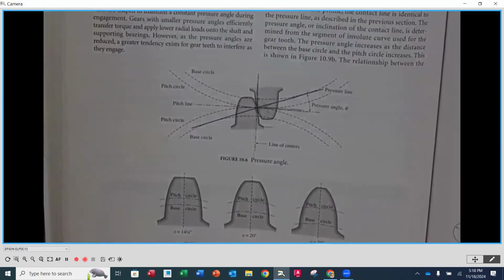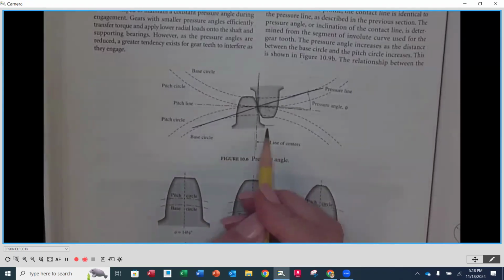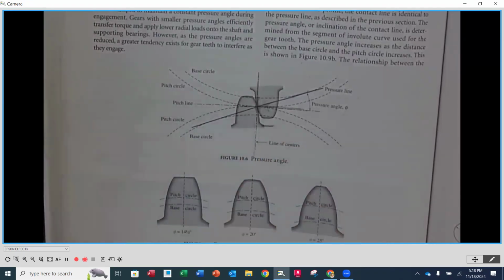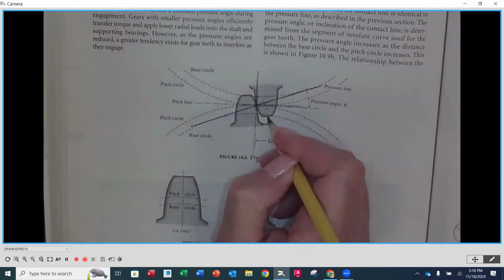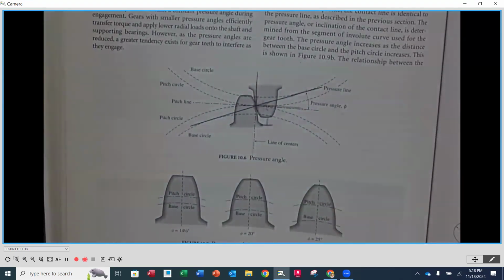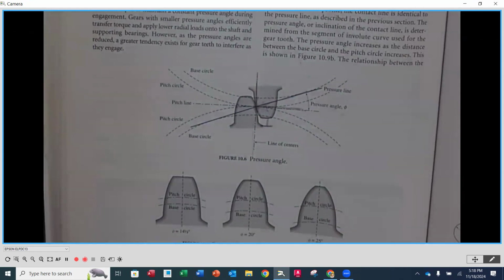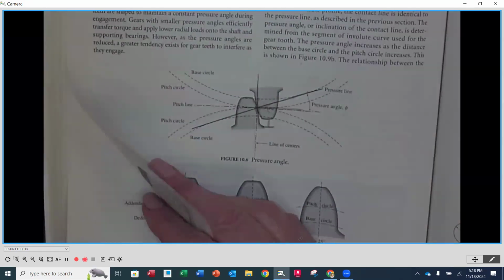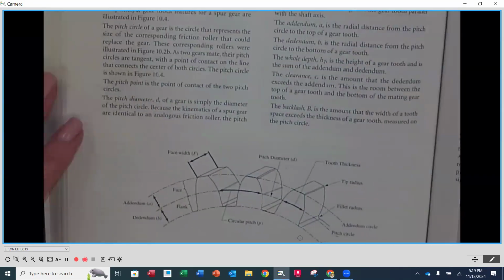So by design, that dedendum is always going to be longer. The distance between the bottom of the root of one tooth to the top of the tooth of the other, this gap that's created, is called the clearance. It's important to have clearance, obviously, because we don't want gears that are going to interfere or bind with one another.